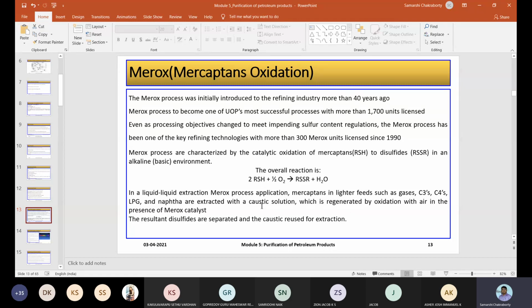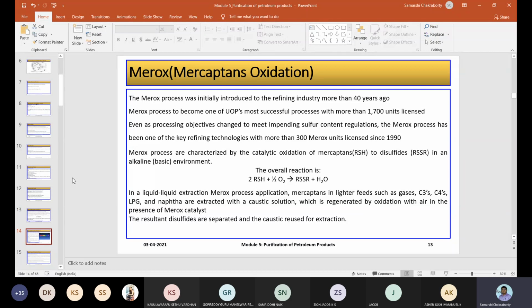First of all, caustic treatment will be done to extract the mercaptan, then you do the oxidation part. Once the oxidation has happened, you will be forming disulfide. After you separate the disulfide, you have to regenerate your caustic, because that caustic might contain trace amounts of sulfur, and after that it can be reutilized for extraction again.